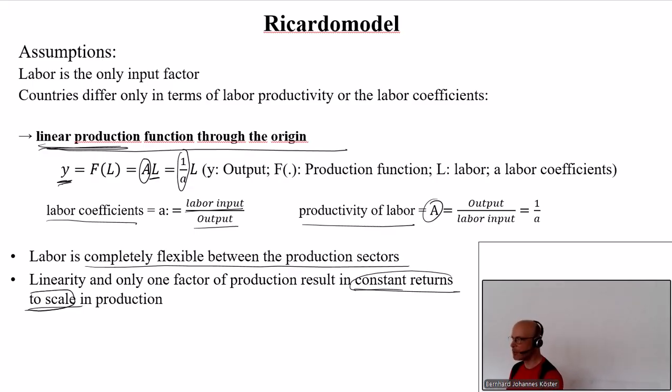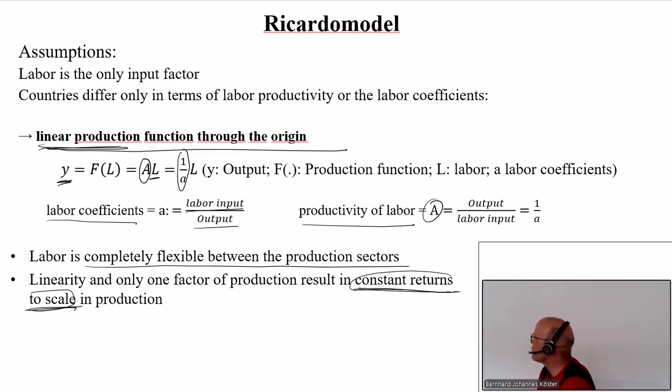Assuming that we are producing with constant returns to scale is one of the core assumptions of classical trade theory. What is meant by constant returns to scale? I suppose that you have heard about this in other lectures already.